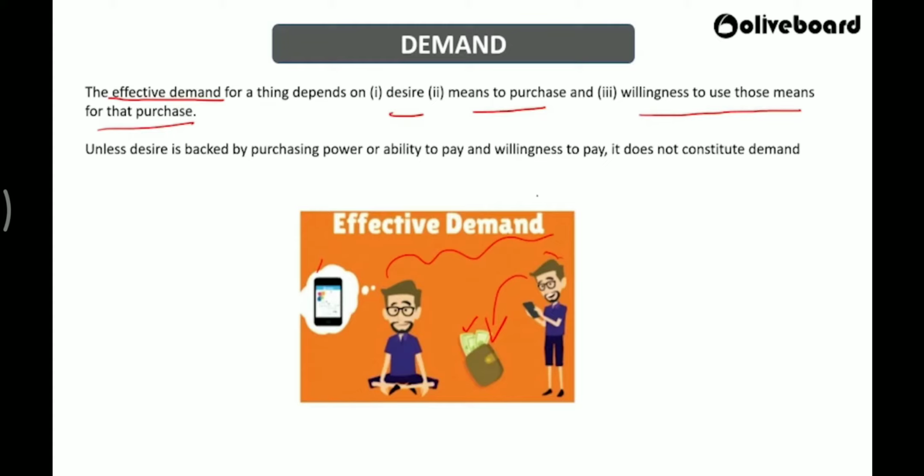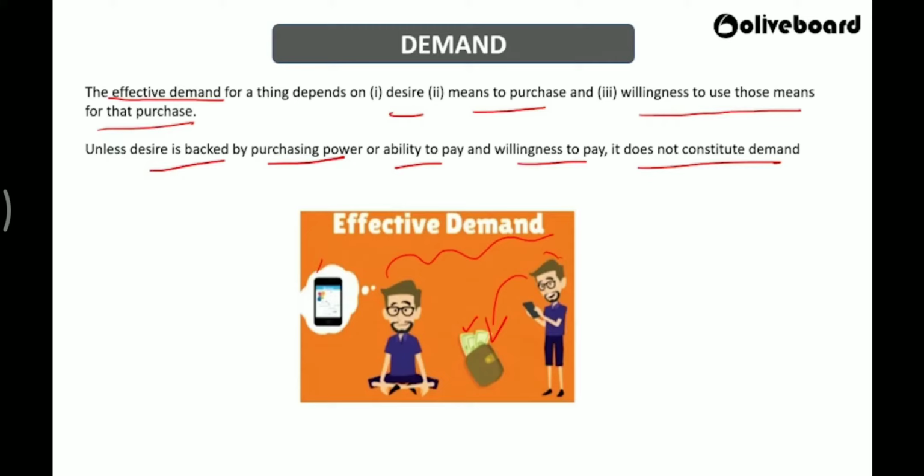So effective demand means first you have to have a desire, and you should have the ability to purchase that desire, and also the willingness to use that purchasing power, or use that resource, to satisfy your desire. Unless the desire is backed by purchasing power or ability to pay and willingness to pay, it does not constitute demand.